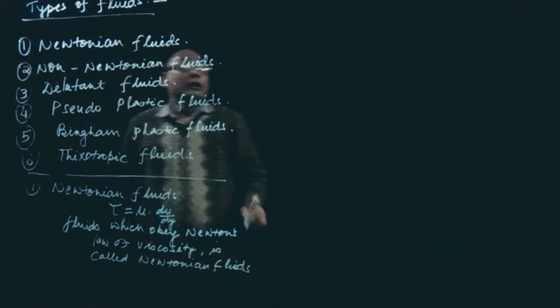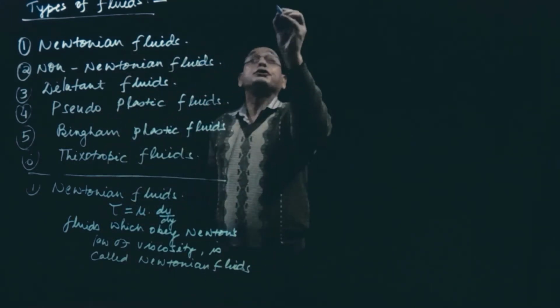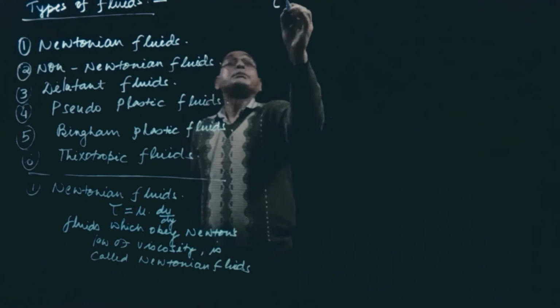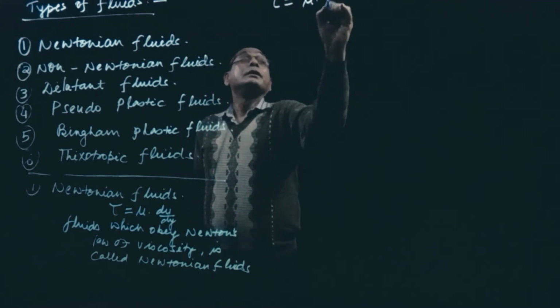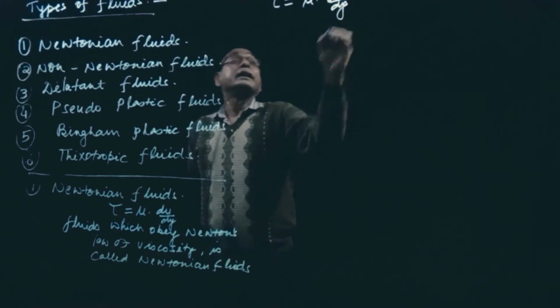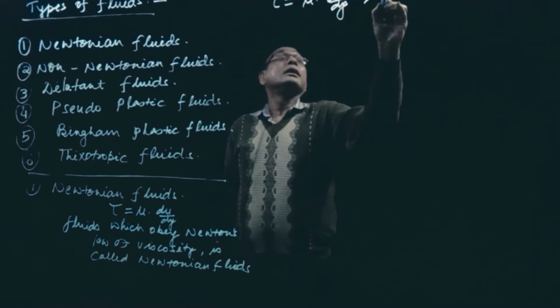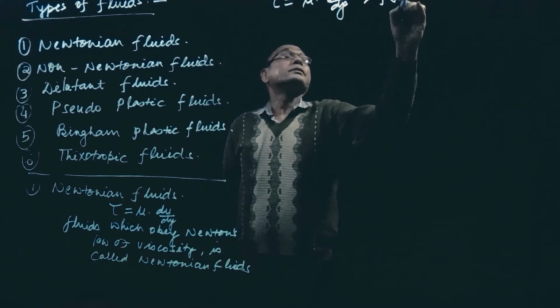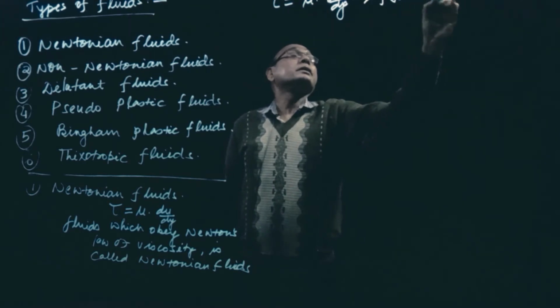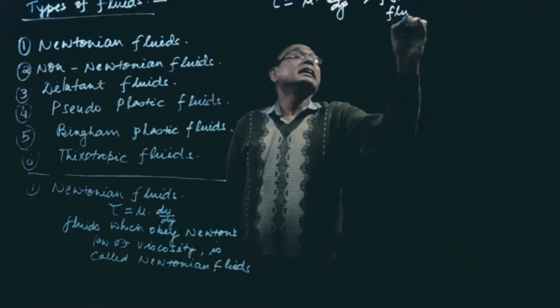Fluids which obey Newton's law of viscosity, tau is equal to mu du by dy, are called Newtonian fluids.